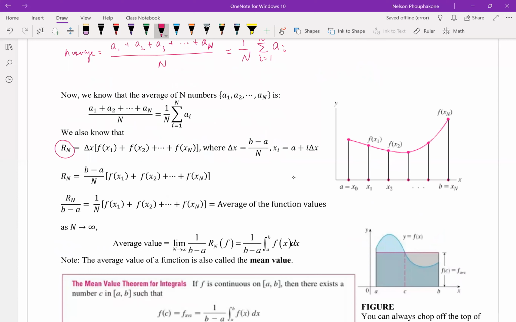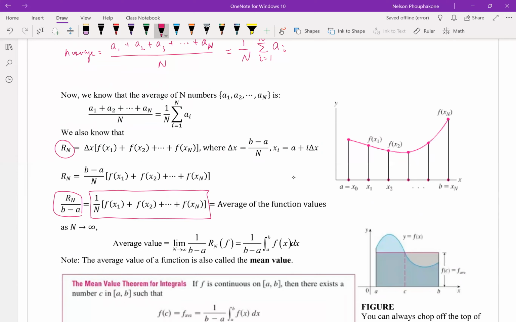Then we are going to divide both sides by b minus a. Look at this number right here. This one is basically the average of the function values, and it is equal to R sub n, the right-hand Riemann sum, divided by b minus a.